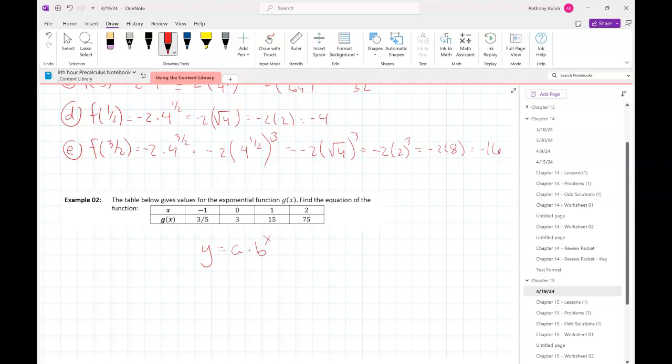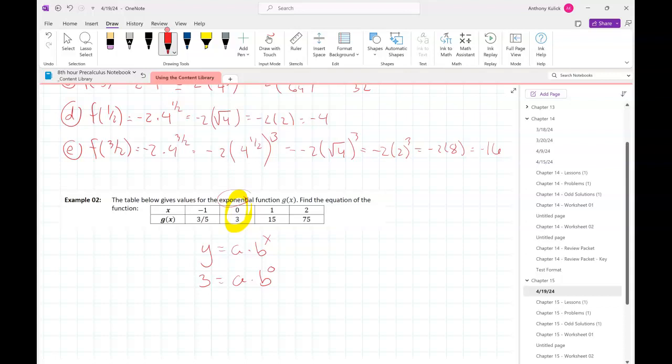So since it's exponential, I know it's got to look like this. Now this problem can be really easy or a little bit more difficult depending on the values that you're given in the table. What separates the two types of problems is if one of my x coordinates is 0. That's the key to making this a much easier problem. So if I use that point, I'd say 3 is equal to a times b to the 0.